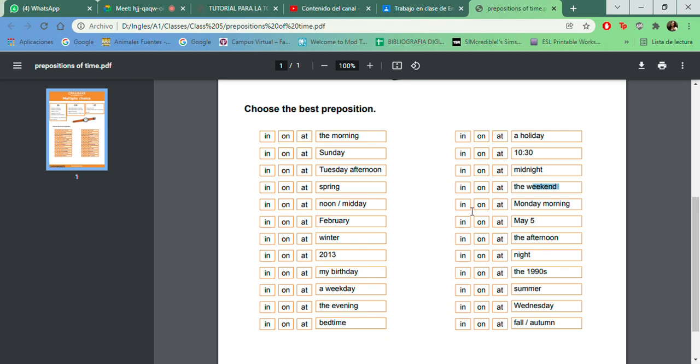Yes, you have both possibilities. British or American, any. It's on. On is the American, very good. And the British is at the weekend, very good.